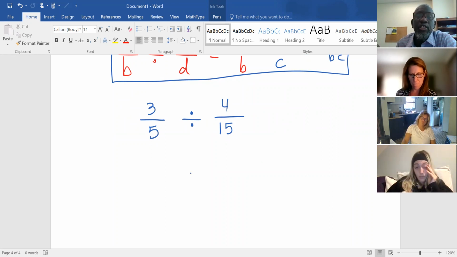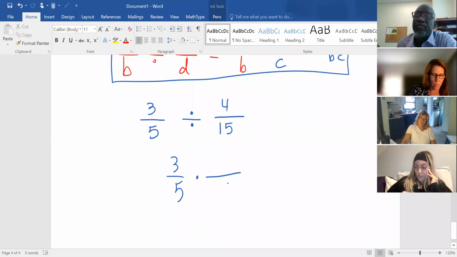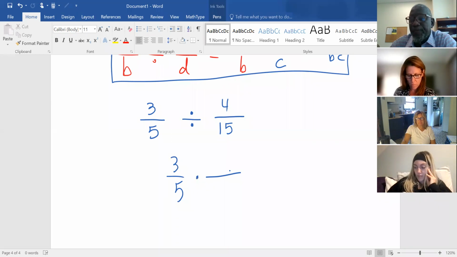Wait, can't you cross out the 3 and the 15, 1 over 5? You don't do that yet? Yes, that would be a mistake. We don't do that yet, because the division is confusing. So we prefer not to work with it. We have to write it as a multiplication first, which is less confusing. So always write your division as a multiplication first.